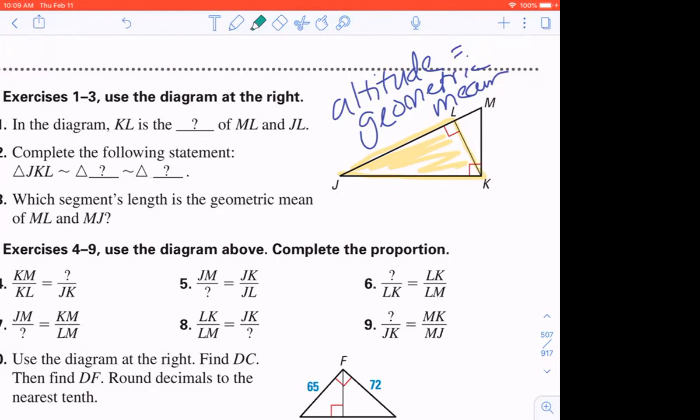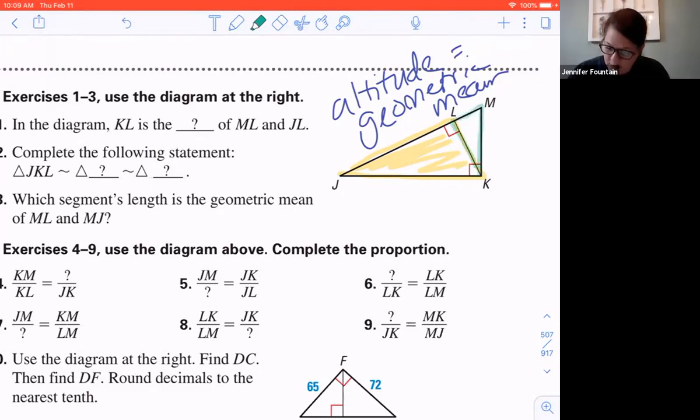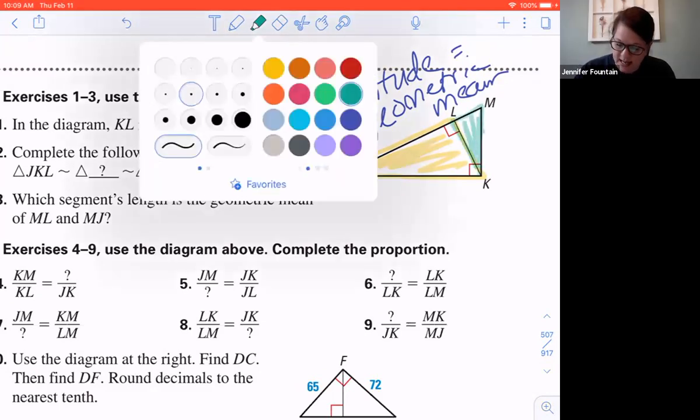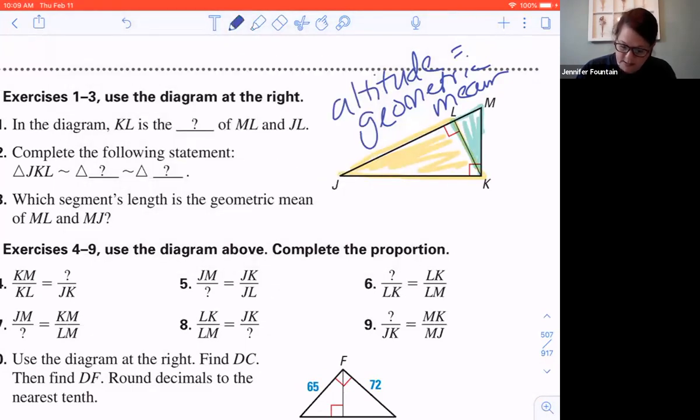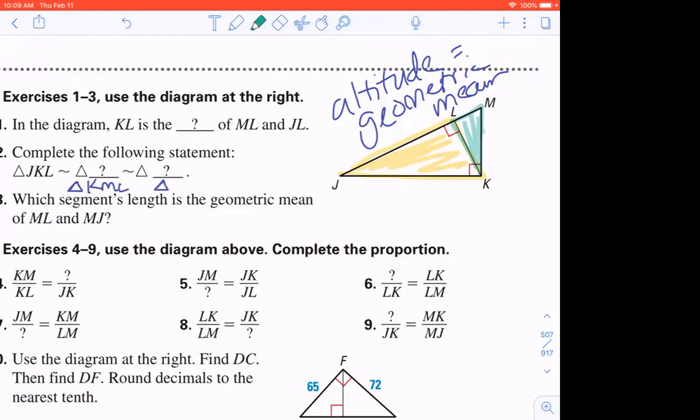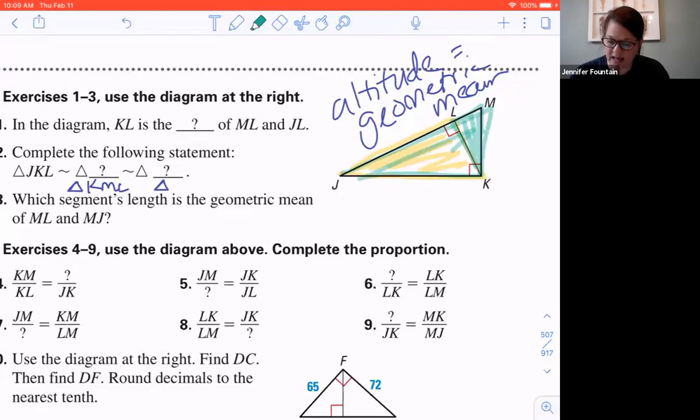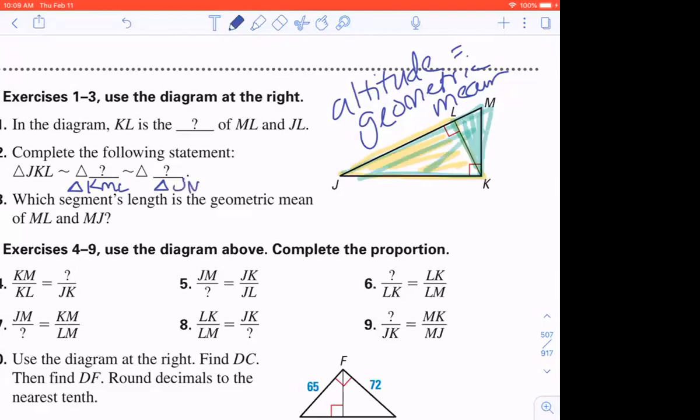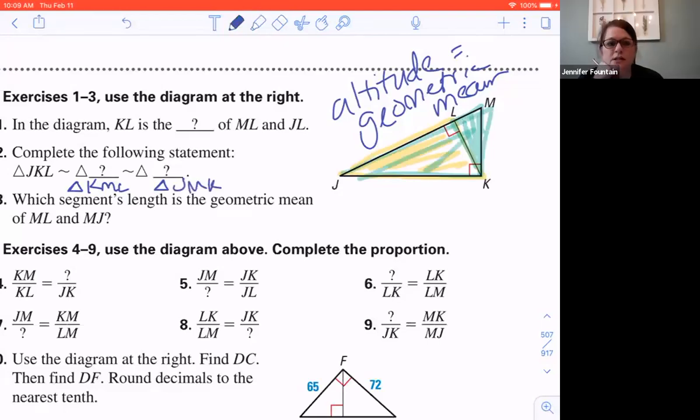So KML, good. So I've got JKL is similar to triangle KML, which is also similar to which triangle? JKM. Close. Or JMK. JMK, good. So pay close attention to the order of the letters. Look at your correspondings, okay?